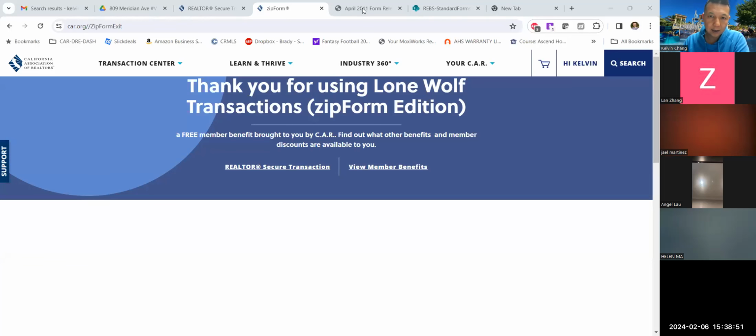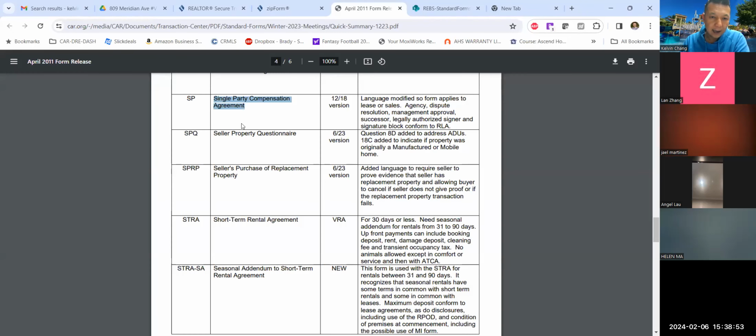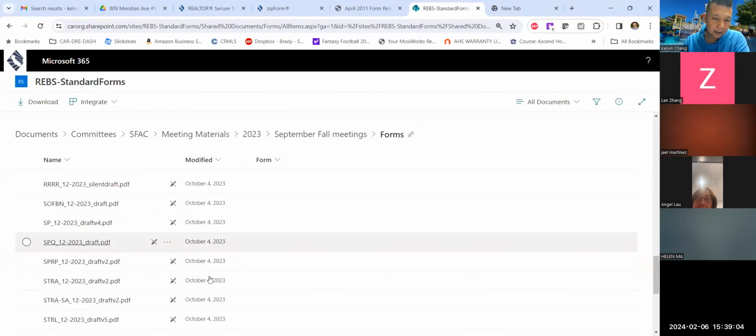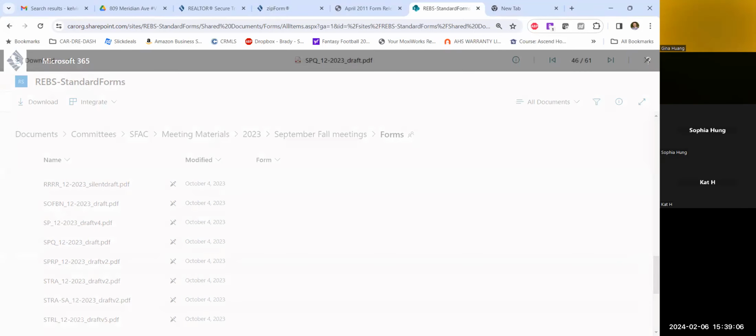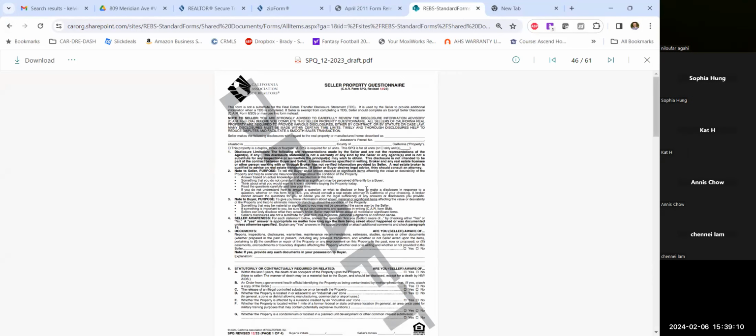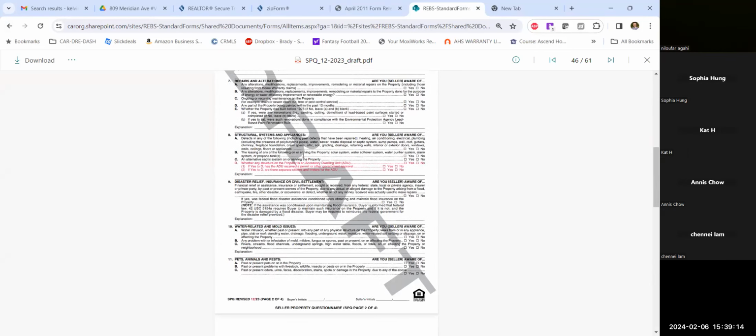So going back to my transactions, let's go ahead and understand that SPQ. Here is a new language on that disclosure. And the SPQ here has the seller's normal, customary disclosures to a buyer.